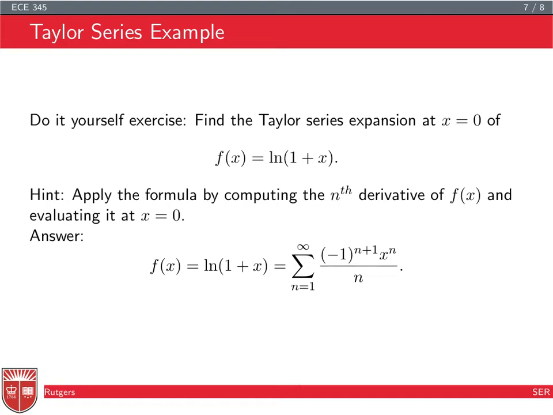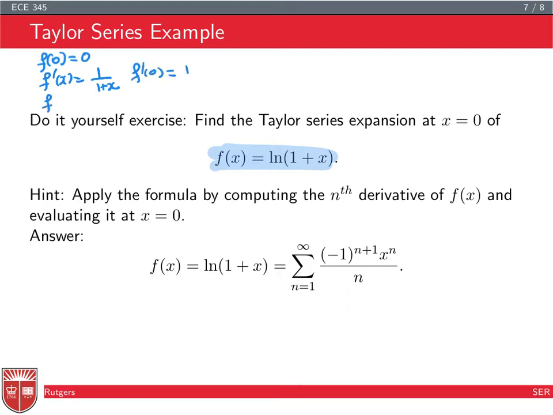First I need to find f of 0, because I'm trying to find the expansion at 0. f of 0 is log of 1 plus 0, which is log of 1, which is 0. If I find f prime of x, I get 1 divided by 1 plus x, so f prime of 0 is 1.